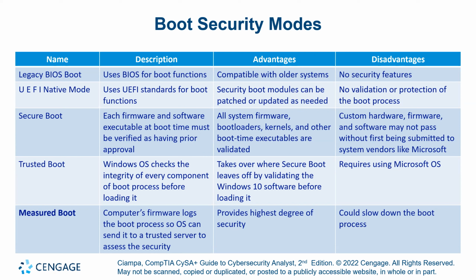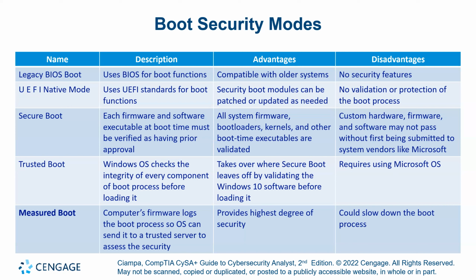Secure boot. Each firmware and software executable at boot time must be verified as having prior approval. All system firmware, bootloaders, kernels, and other boot time executables are validated. Custom hardware, firmware, and software may not pass without first being submitted to system vendors like Microsoft. Trusted boot. Windows OS checks the integrity of every component of the boot process before loading it.